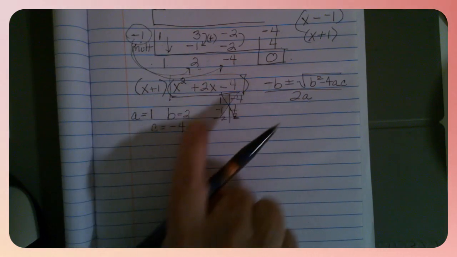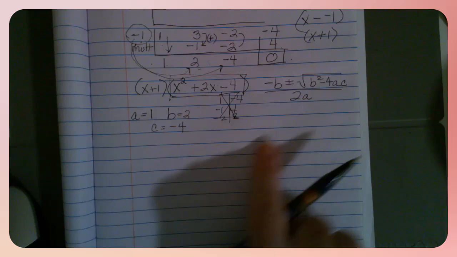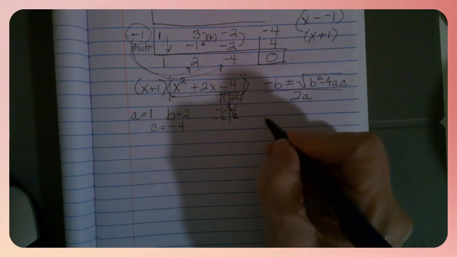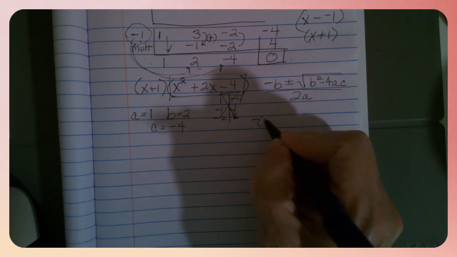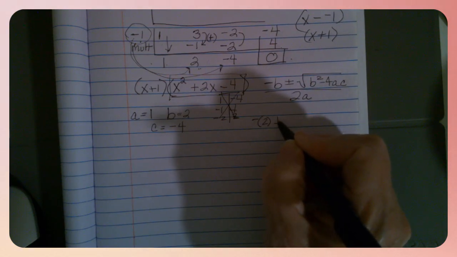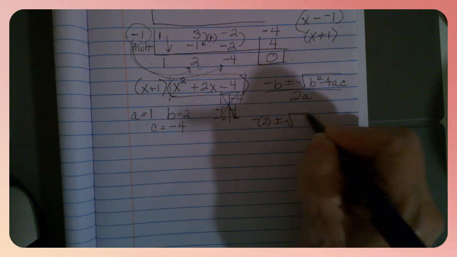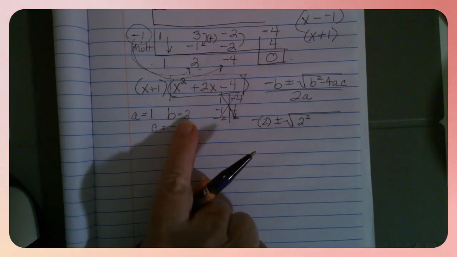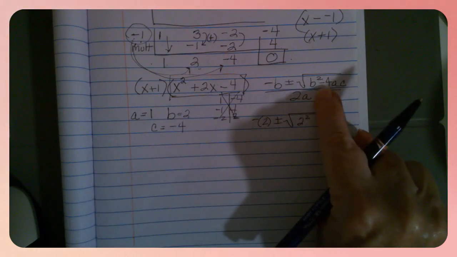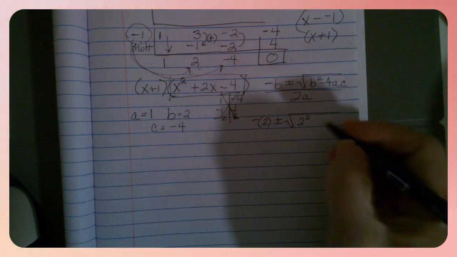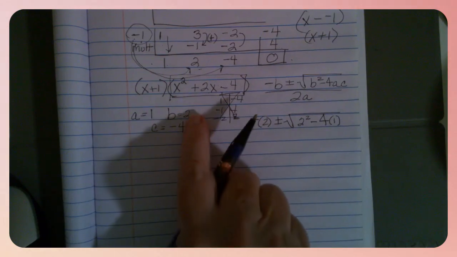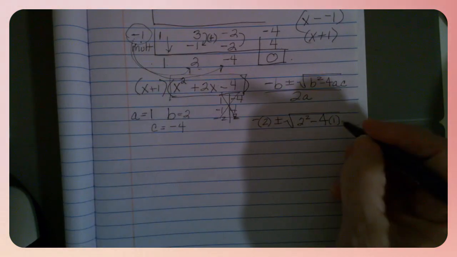Positive, positive, negative. Now we're going to start substituting into the quadratic formula. So b is +2, so I'm going to put -2 plus or minus the square root of 2 squared, remember b is 2, 2 squared minus 4 times a times c, a is 1, and c is -4.